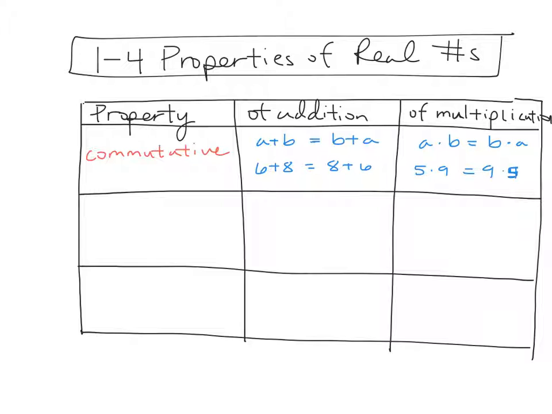The second property is the associative property. And the associative property deals with parentheses moving around, okay? So changing where parentheses are, and this is a little bit inappropriate. I'm not a swearer, okay?